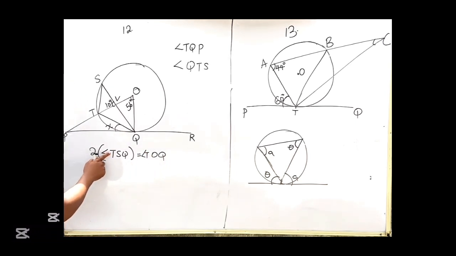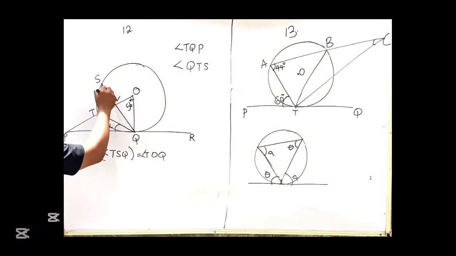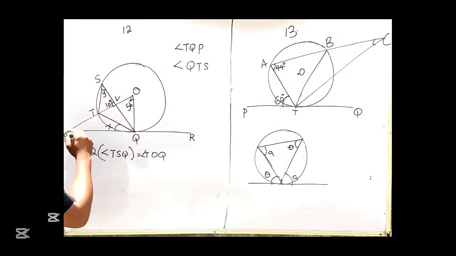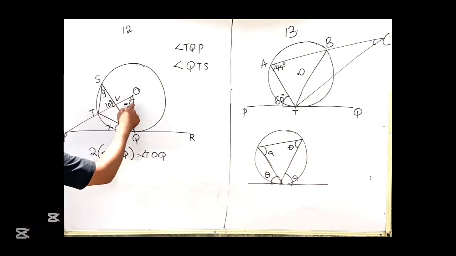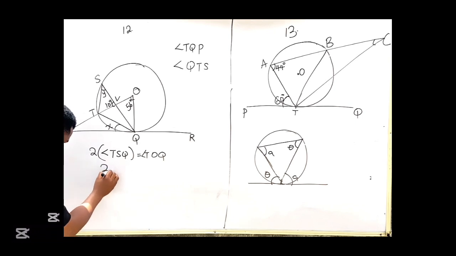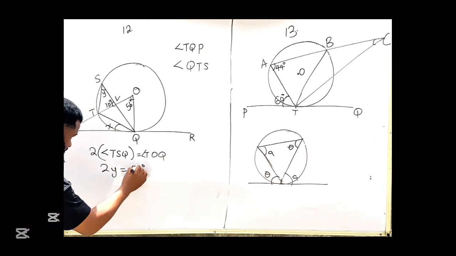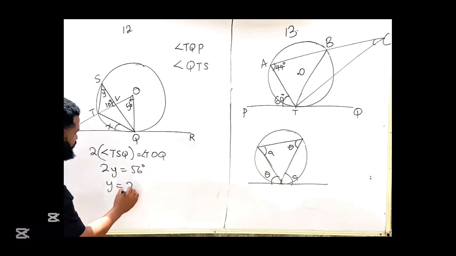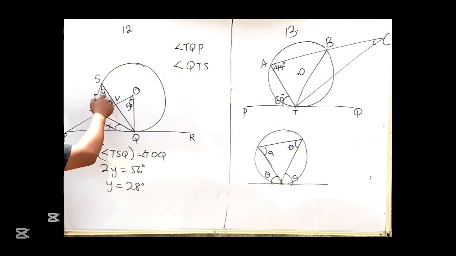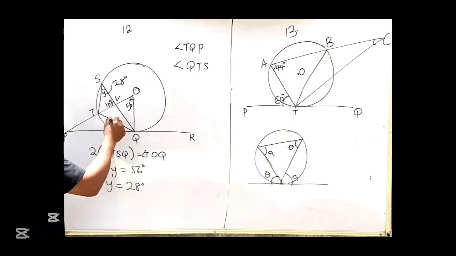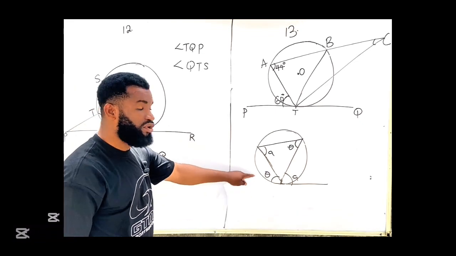Now, TSQ is this place, and TOQ is 56. So 2y is equal to 56. Therefore, y is equal to 28 degrees. So if this place is 28 degrees, then x is 28 degrees, because we call it alternate segment.